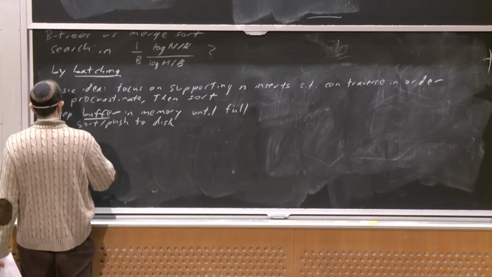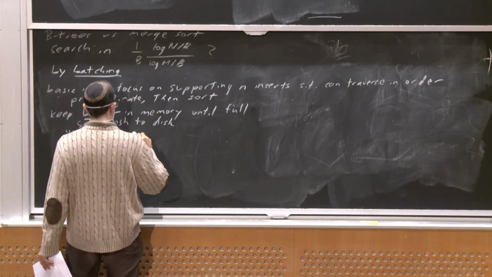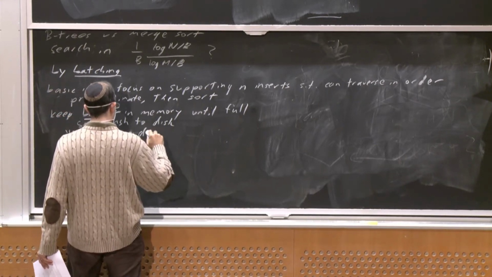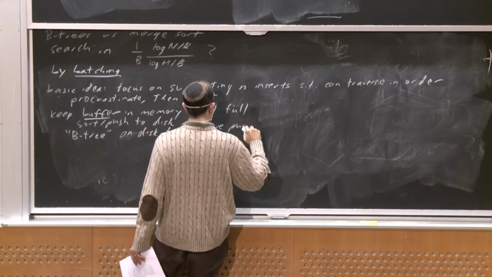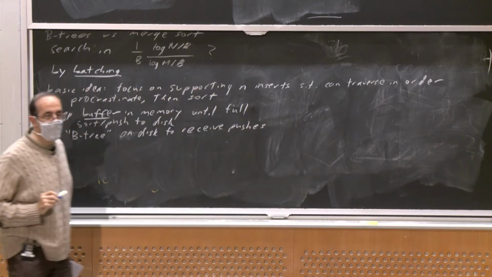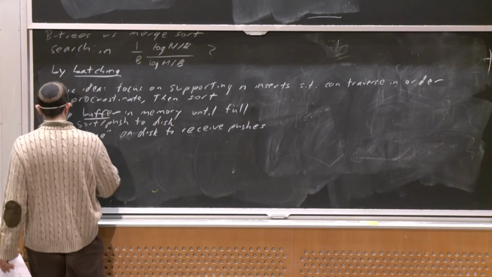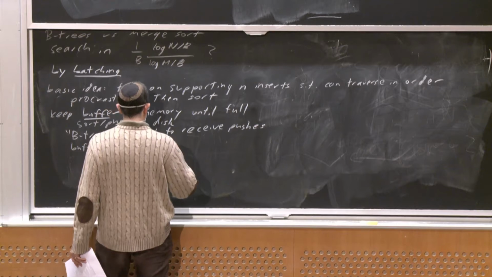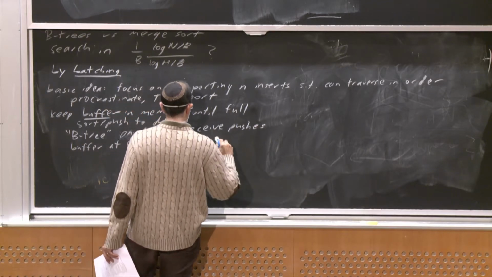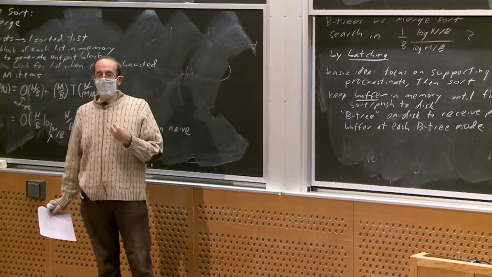And we are also going to keep a B tree, I put this in quotes, on disk, to receive the pushes. But again, in order to procrastinate, I am also going to put a buffer at each B tree node. So that if I am forced to push something out of memory, I don't have to push it all the way down to the leaves of the B tree.